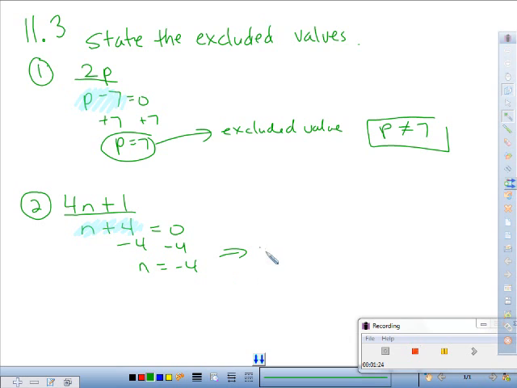That, again, is your excluded value. That would be n cannot equal negative 4. If you put negative 4 in there, it would make the denominator 0. But getting a 0 in the denominator of a fraction is one of the worst things that could happen. If it has no value, it'd be undefined.